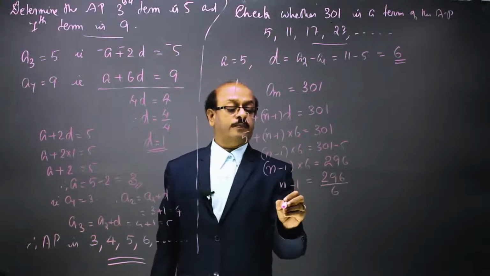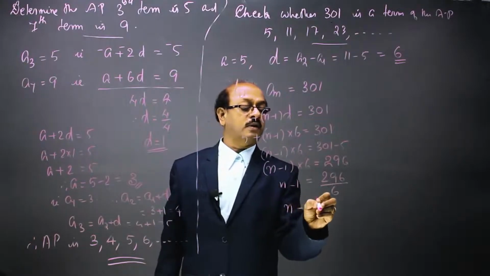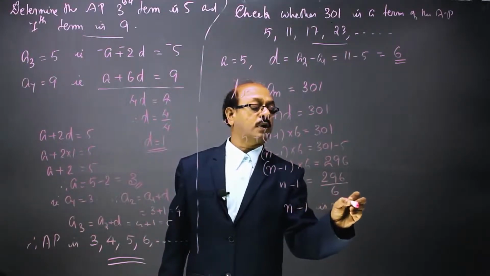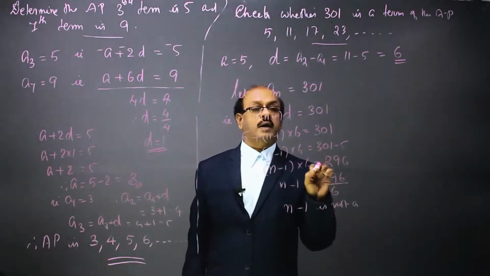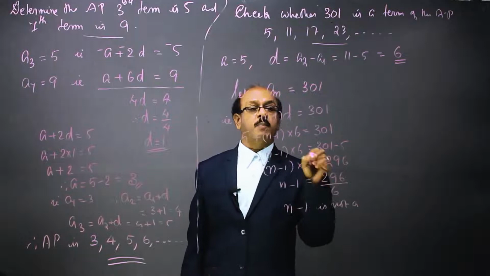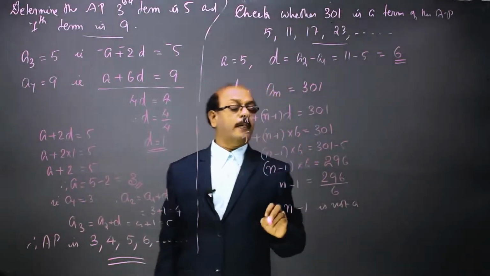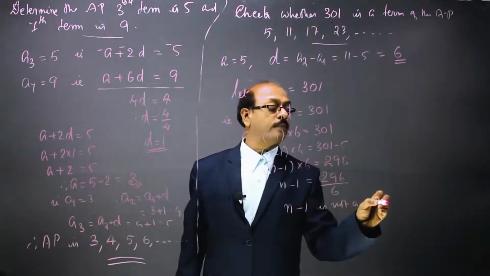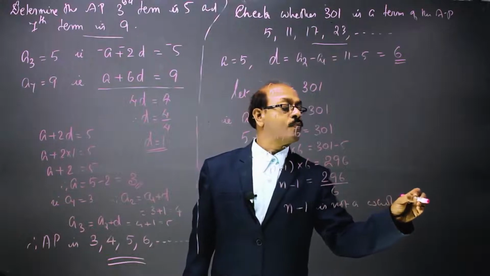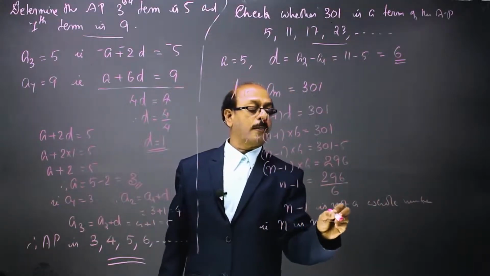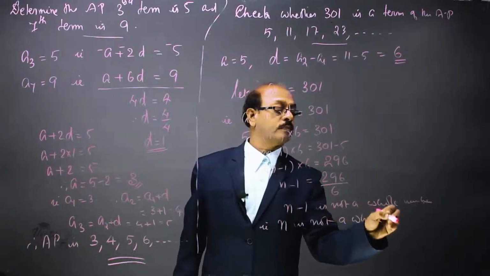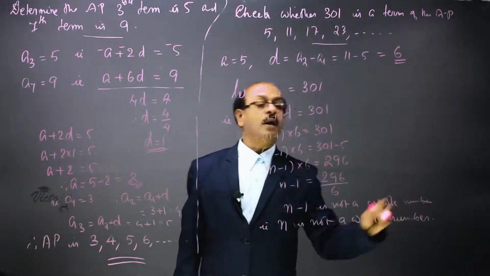That means n minus 1 is not a whole number. 296 by 6 is not a whole number. We cannot divide 296 by 6 exactly. That means n is not a whole number.